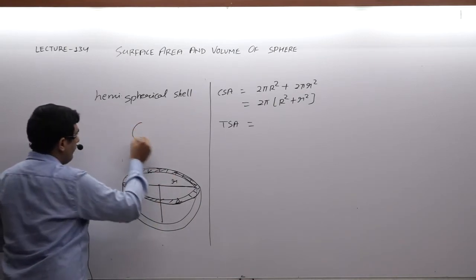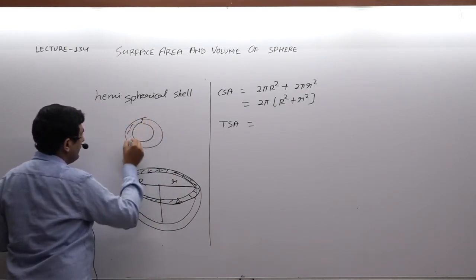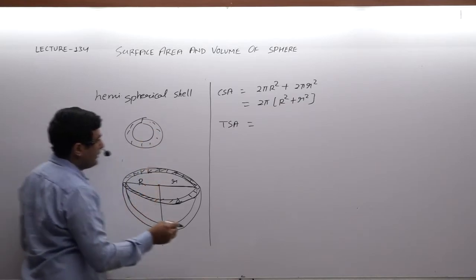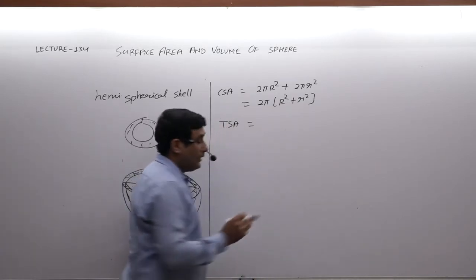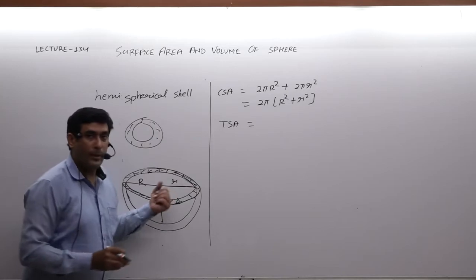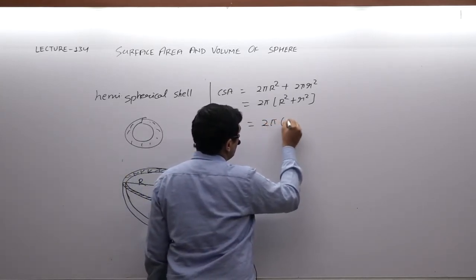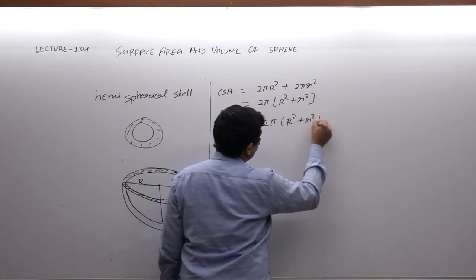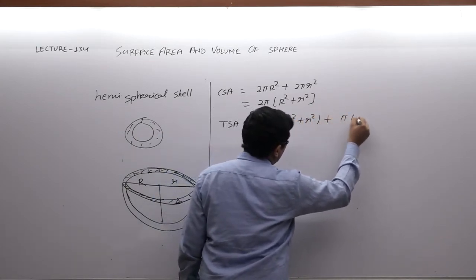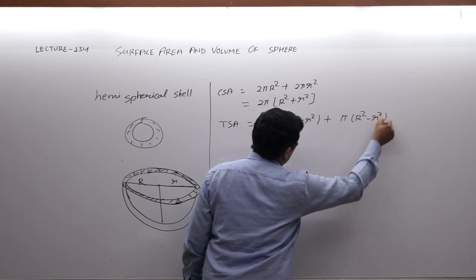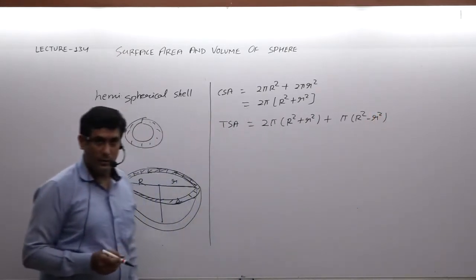If I draw the top view, it will look something like this. So the area of the outer circle minus the area of the inner circle, that I have to add in the curved surface area, and that is pi times capital R square minus small r square. So this is the total surface area.